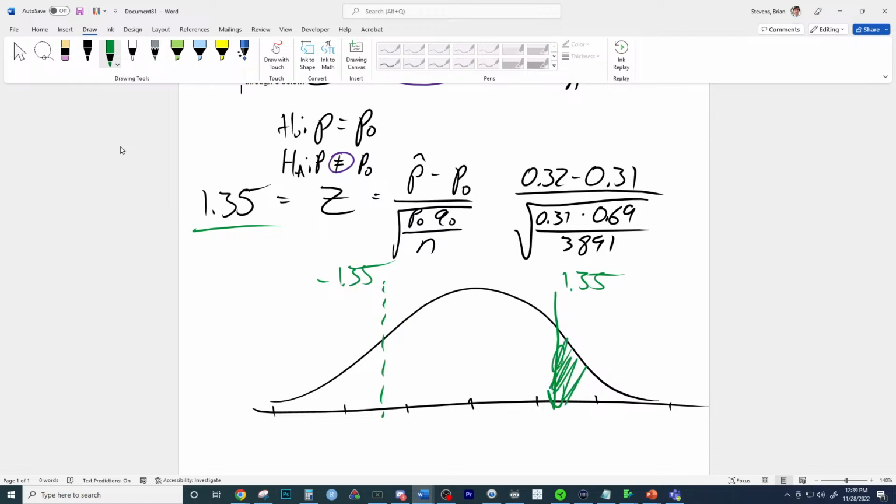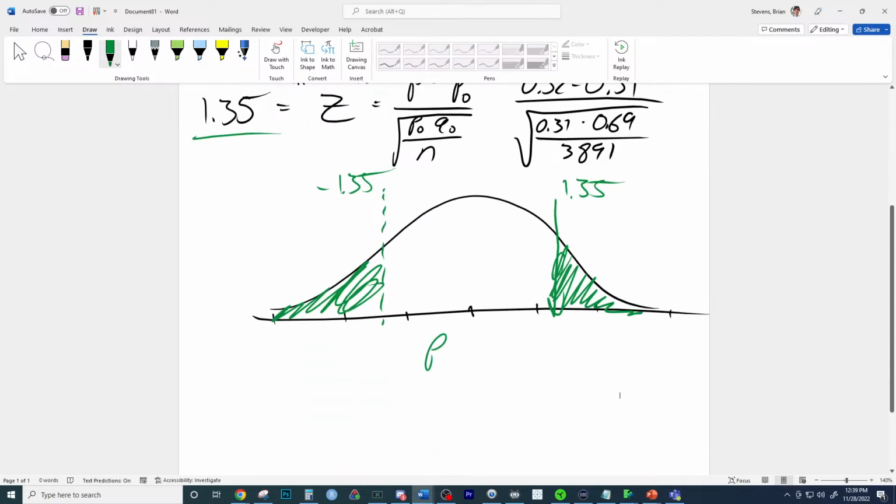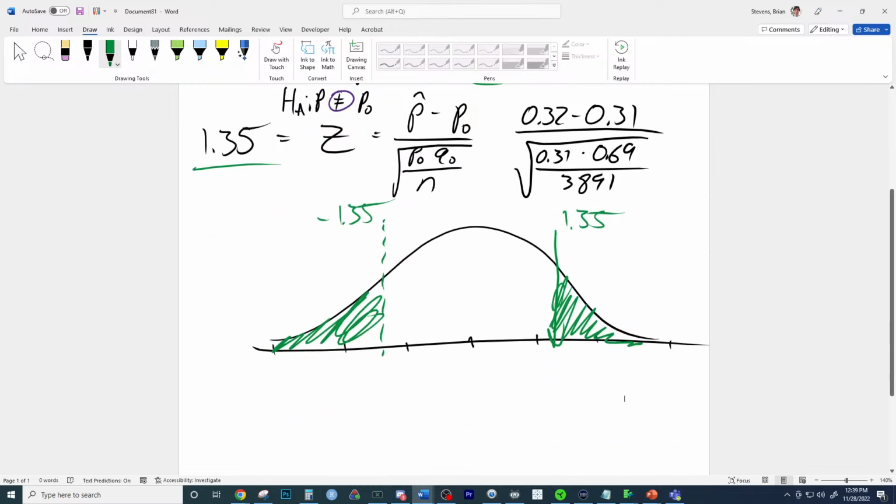We shade above the curve and we shade below the curve because it's the two-sided does not equals alternative. This is going to be a p-value. I'm going to estimate here for a moment. So it's going to be a p-value about equal to 0.087.